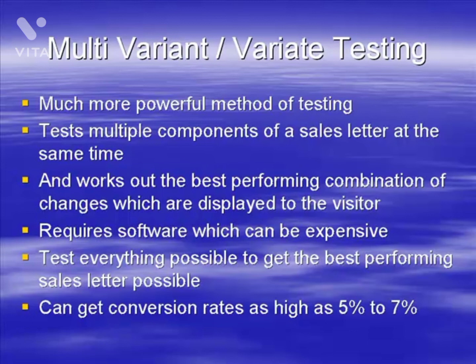You'll find plenty of pieces of software that will do this for you. But as I said, be prepared for quite a high price tag. The software is complex. It gets you very good results. So it is actually worth the investment if you're going to be doing lots and lots of sales letters. But you know, this is how you get your conversion rate up high and massively increase your profits. It's multivariate testing.